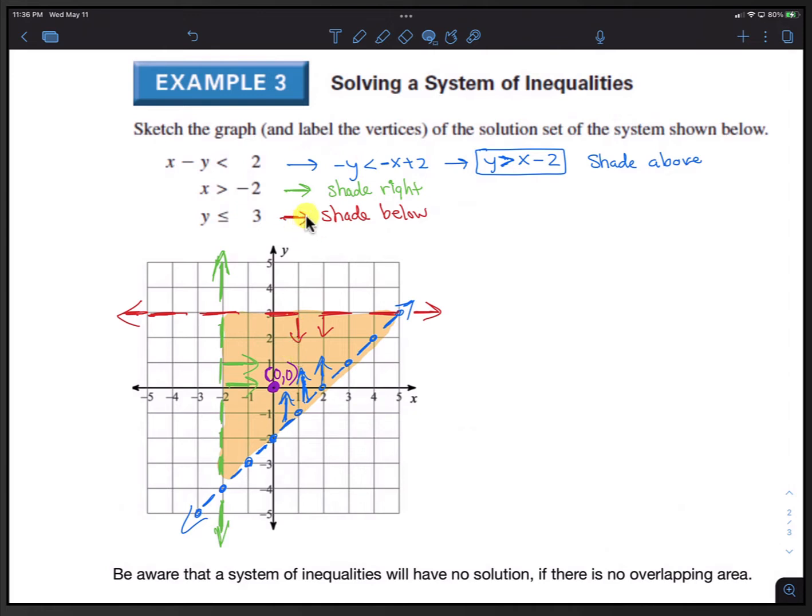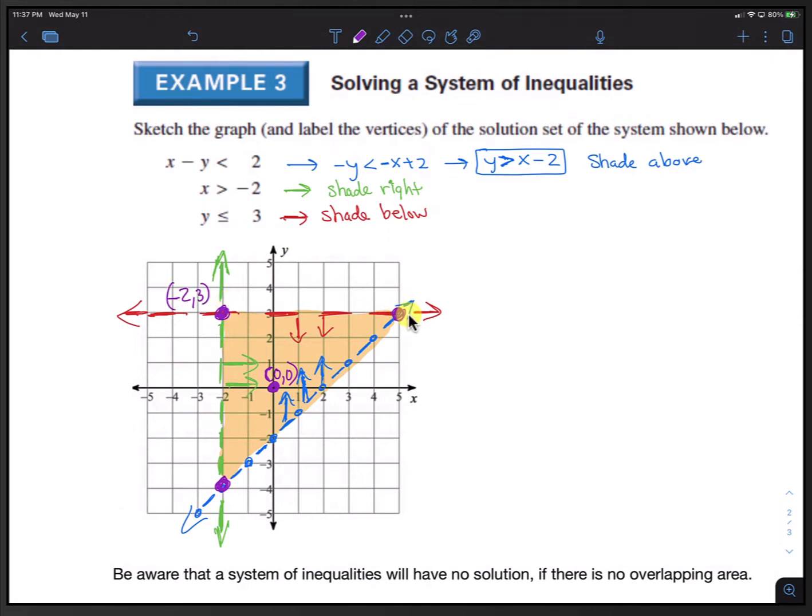Now the last thing it's asking is to label the vertices, and we just label the vertices by choosing these points at each corner. All right, so this first vertex over here is at negative 2, 3. So negative 2, 3 is one of the vertices.